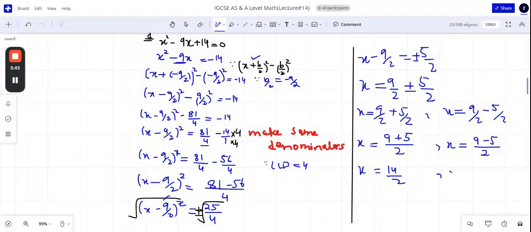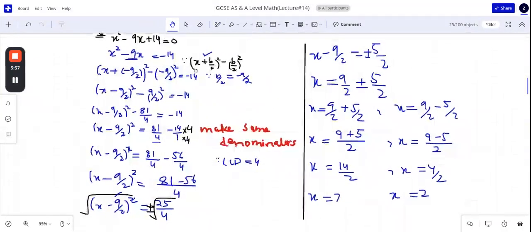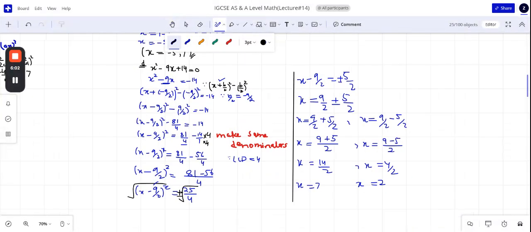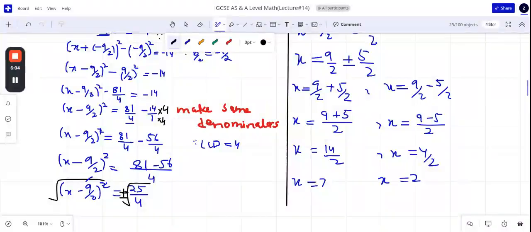Then the second time x is equals to 4 over 2. Then 14 over 2 x would be the 7, and x is equals to 4 over 2 is 2. So finally the answer we got for the x is equals to 2 and 7.